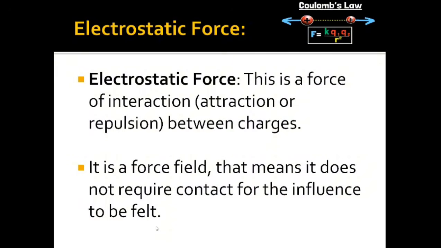As long as you cross the field, you can feel the influence of electrostatic force. So now we make it known to you that the electrostatic force is the force of interaction between charges, and it is a force field, not a contact force. I know that one is already settling with you.